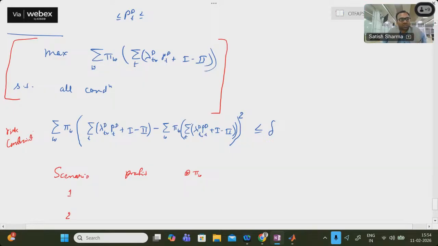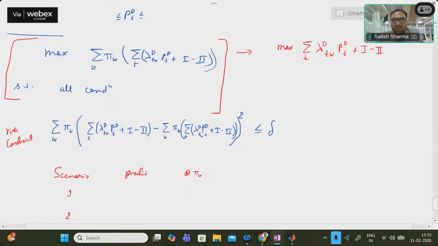Okay, to cover it in very simple words, what I will do is I will remove this function and I can convert this into maximization of summation over t lambda d t w p d t plus first term and let's say second term.